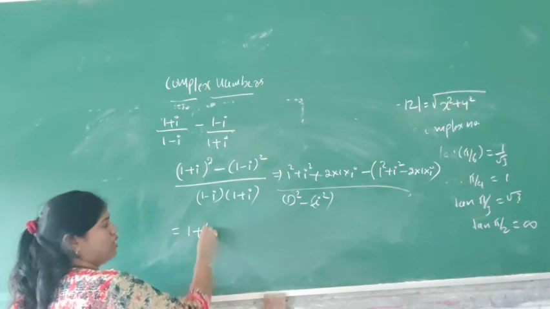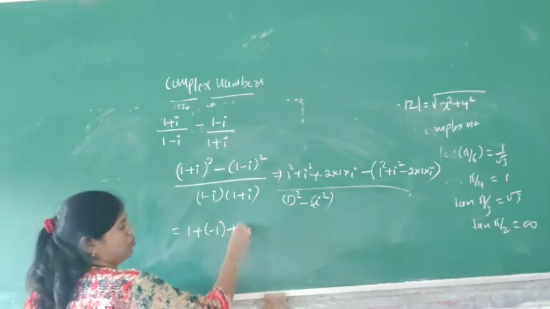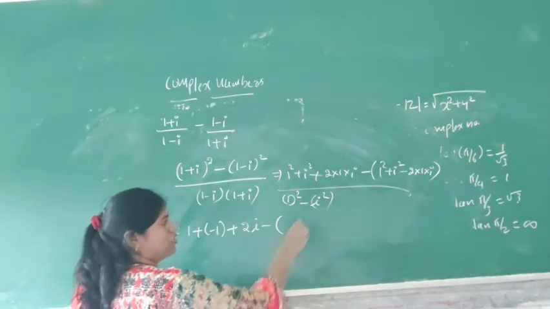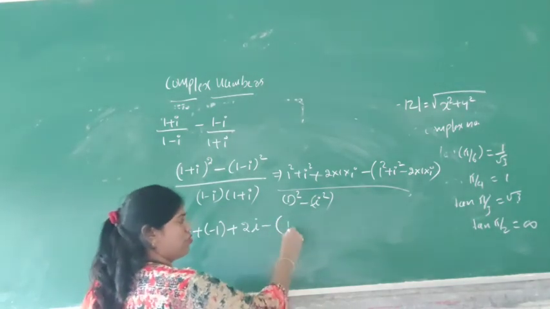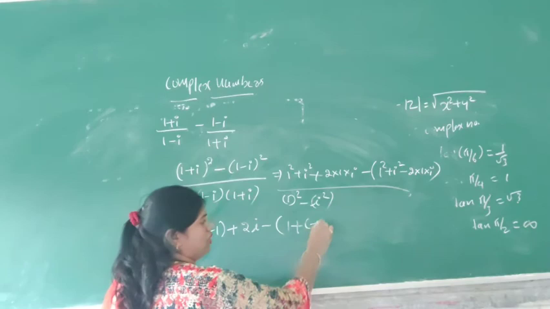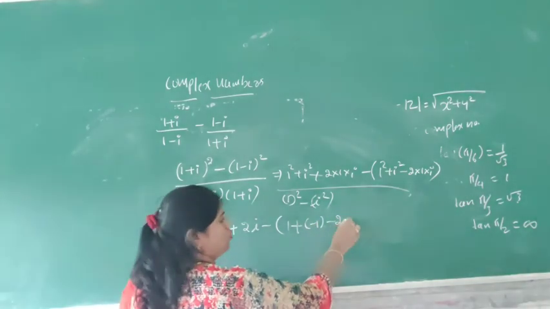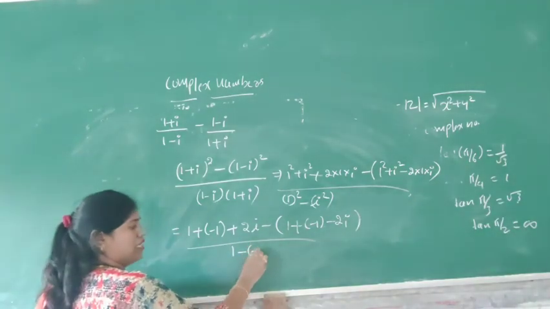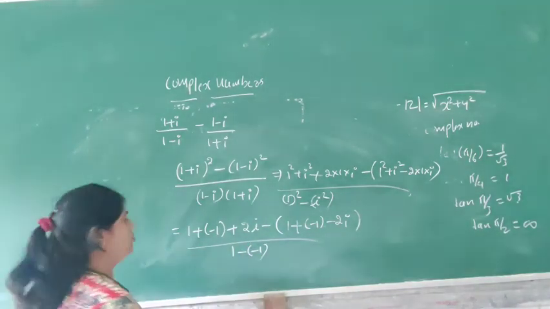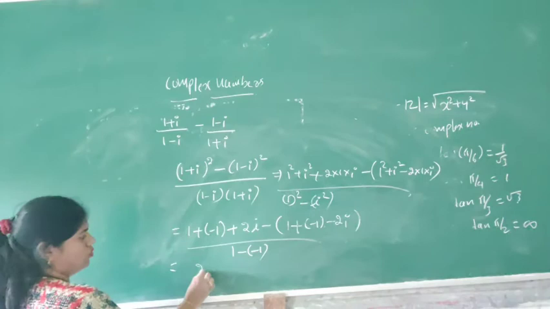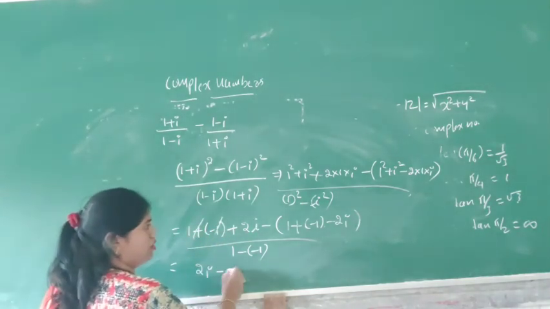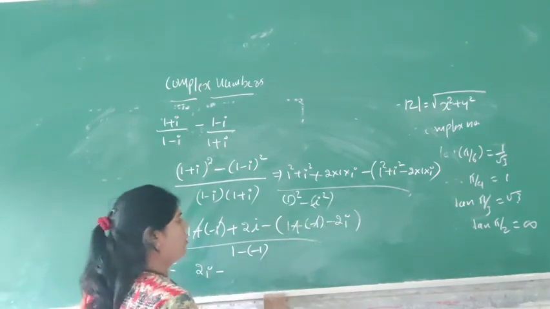(1 plus i) square value: 1 square is 1, i square is minus 1, plus 2 into 1 into i is 2i. First we simplify that one. And (1 minus i) square is 1 minus 1 minus 2i, which is minus 2i. So these two will get cancelled now.